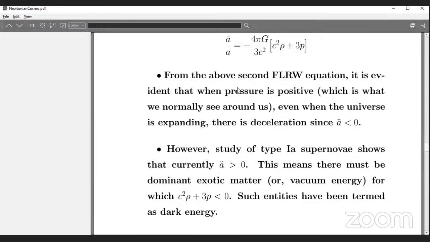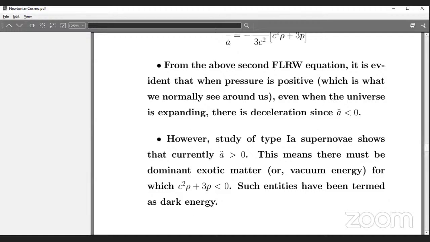How can that be? Well, from the second FLRW equation itself, we can explain that by saying that there is a strange kind of matter for which the pressure is so negative that c square rho plus 3p is negative. If c square rho plus 3p is negative, then a double dot, that means the second time derivative of the scale factor, can be positive.